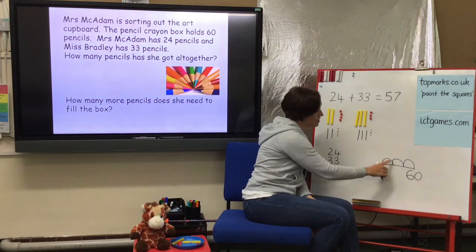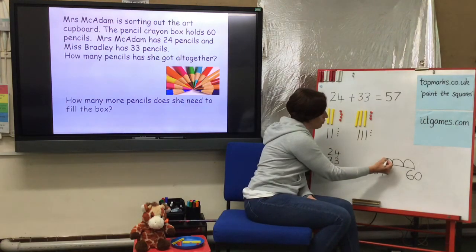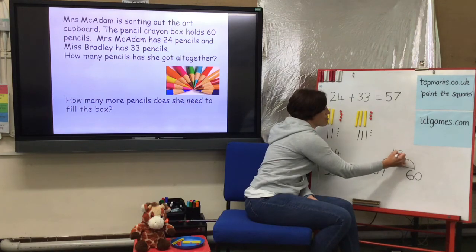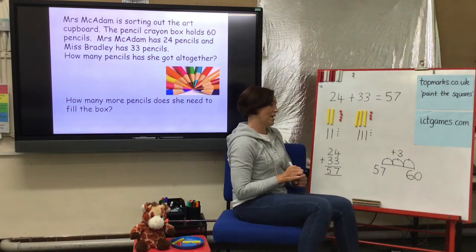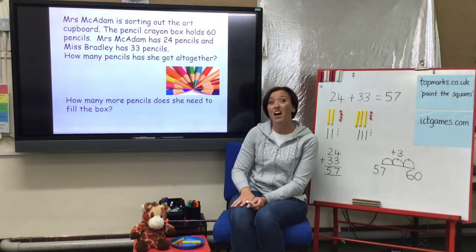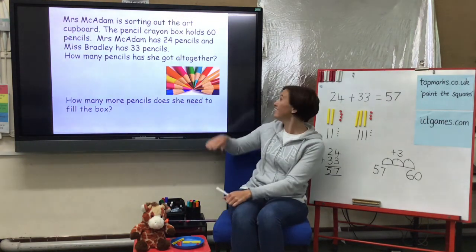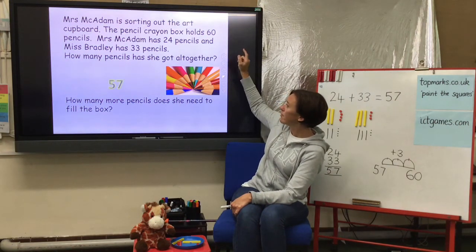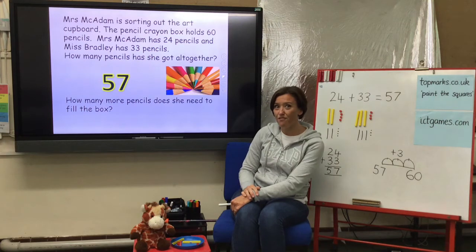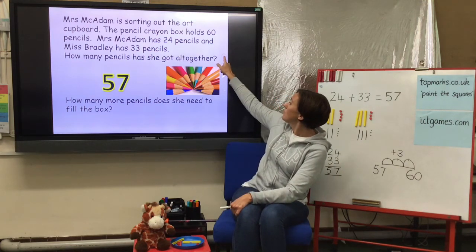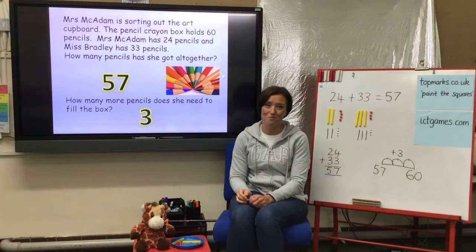And then how many jumps was that? Well, I did 1, 2, 3. So it was 3 jumps. Okay, so my answer to the second part of the question would be 3. We need 3 more pencils to fill the box. Let's have a little look. So we've got 57 to start with. How many more pencils? We need 3 more.